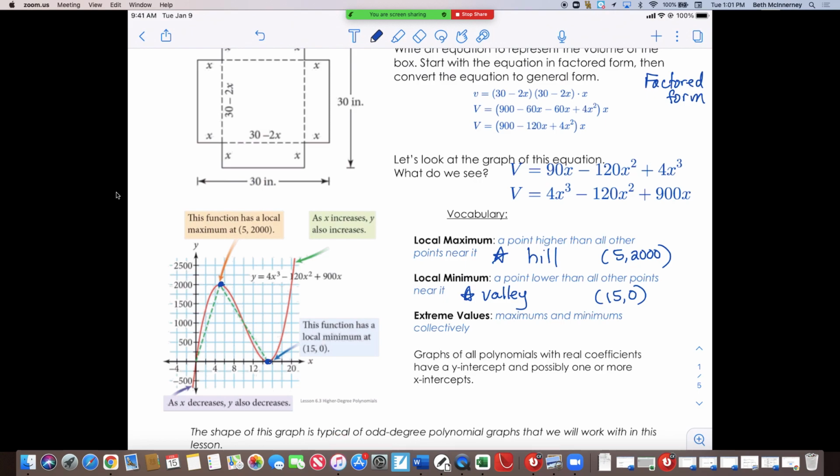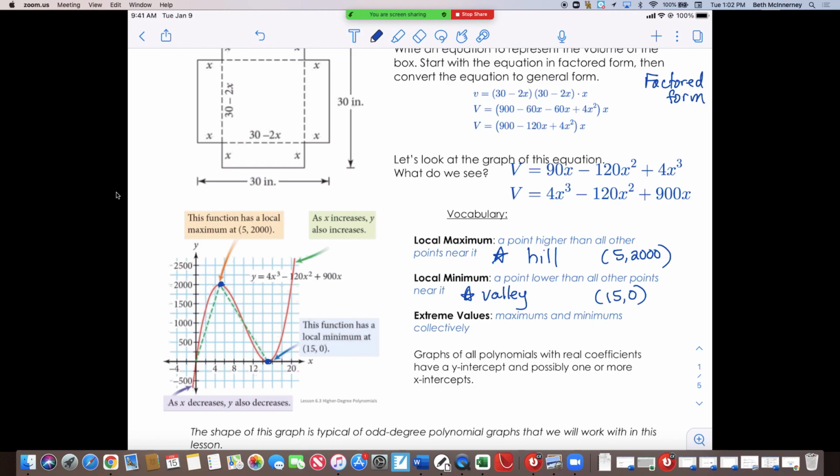So if you were ever asked, hey, look at this graph and tell me the extreme values, you would say the local max is 5, 2000. The local minimum is 15, 0. So this is new vocabulary, and we should do a little something to practice our vocabulary. I'm going to write myself a note: do something to practice the vocabulary.